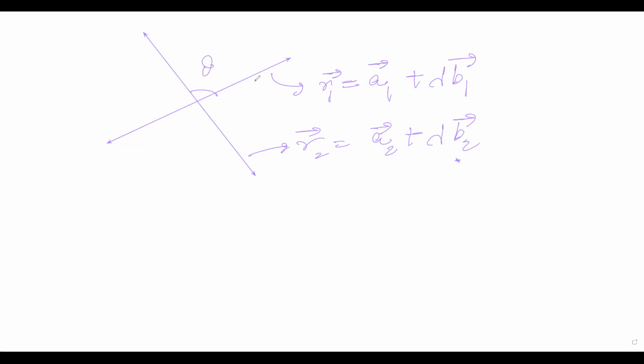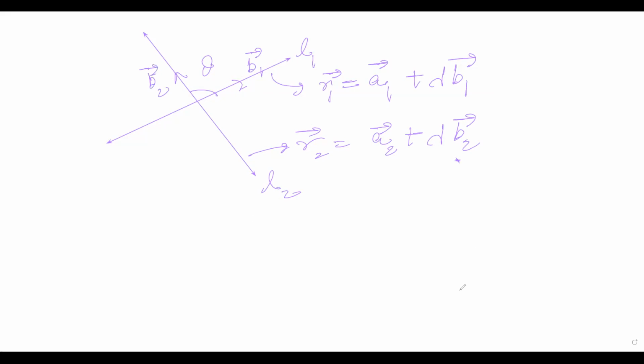Then the angle theta between them can be found out using the direction. Now we know the direction of line L1, and we also know the direction of L2. The direction of this line is B1, and direction of this line is B2.